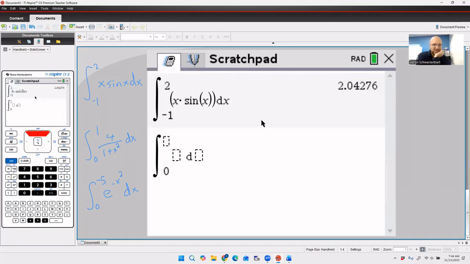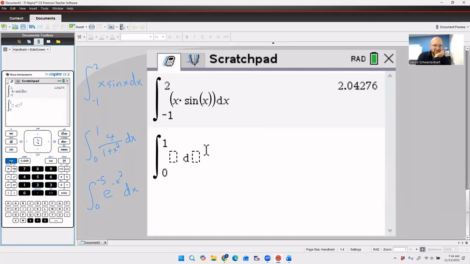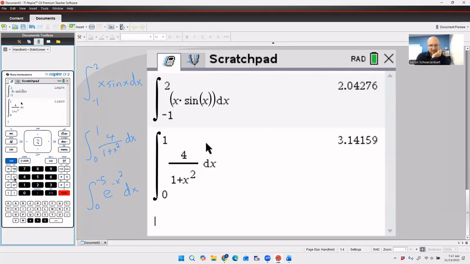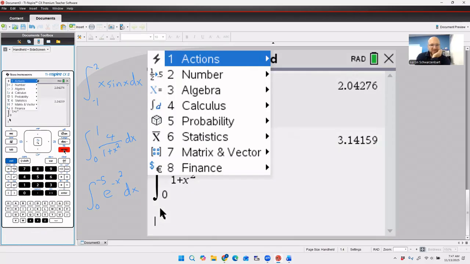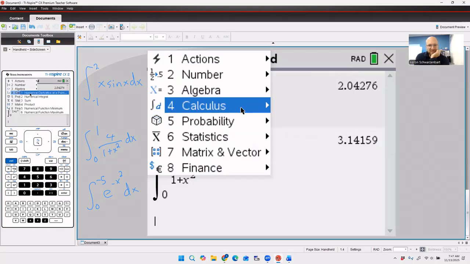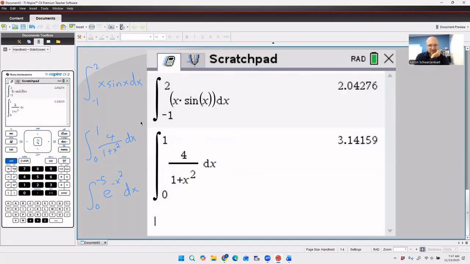Next one, menu, numerical integral. 0, use the arrows to get around, 1, over 1 plus x squared dx. That looks like pi. 3.14159, I think that's pi. I believe that's it. The integral would be an inverse tangent. Oops, I didn't want a derivative.